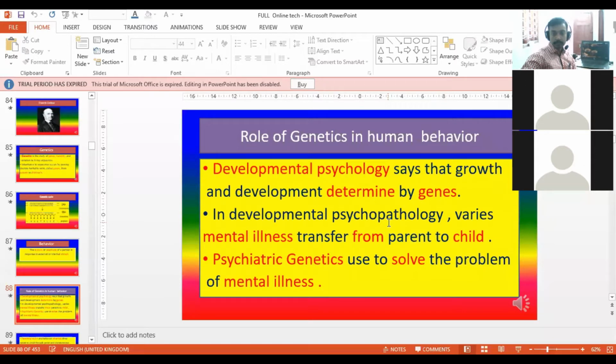Psychiatric genetics is another separate discipline that studies mental illnesses from generation to generation and provides solutions for various mental illnesses.